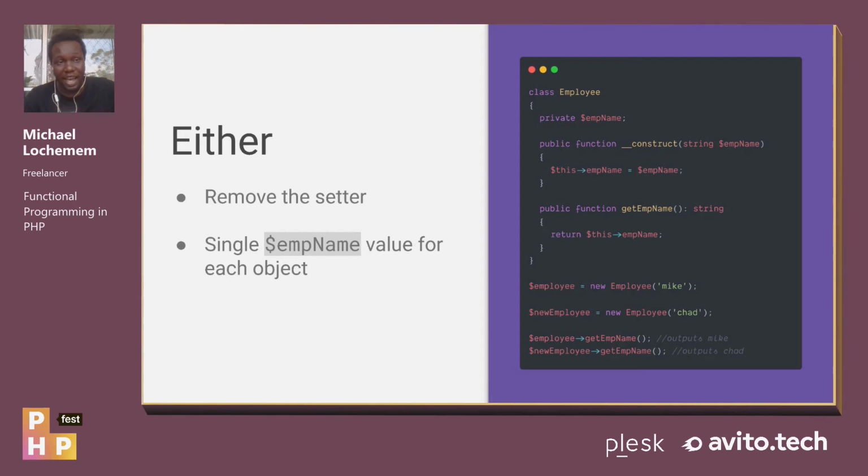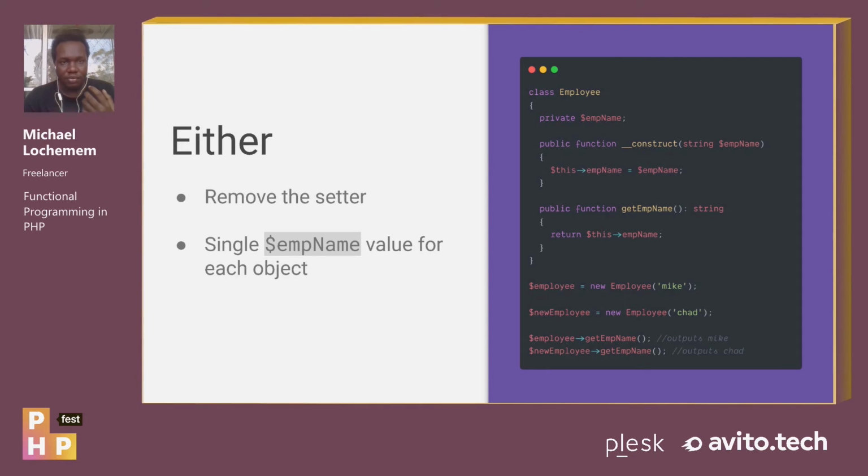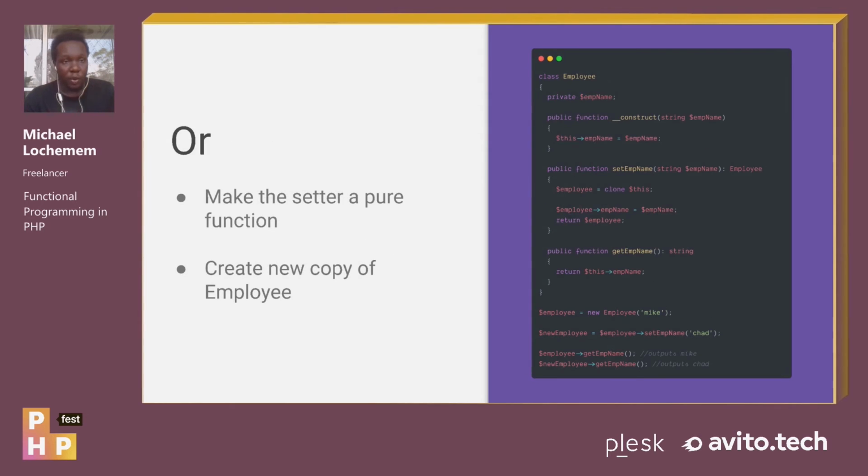So if I want to work on Mike, I can work on the employee Mike separately. If I want to work on the employee Chad, I can work on the employee Chad separately, right? That's really the ethos of functional programming: you want atomicity and you want immutability. You don't really want things to change in an impure way, in an inorganic way. That's really one of the guiding principles of the paradigm, right? So that's one way of doing it.